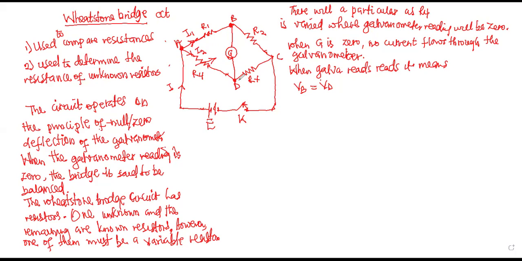I2 will continue through Rx, and I1 will also continue through R2. It will not pass through the point BD because they have the same potential. Are you okay? Yes, please. Okay.